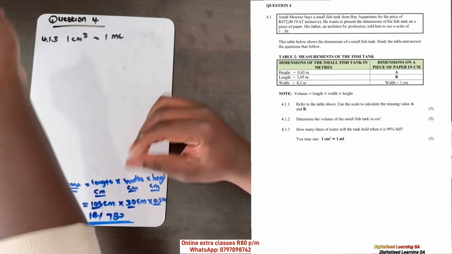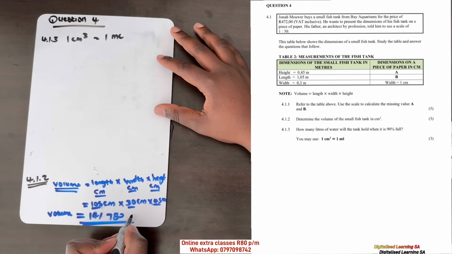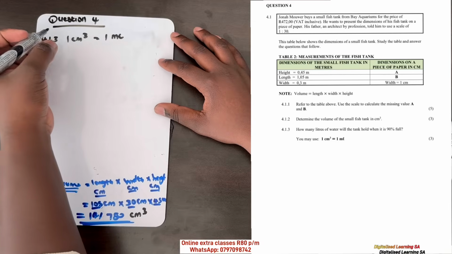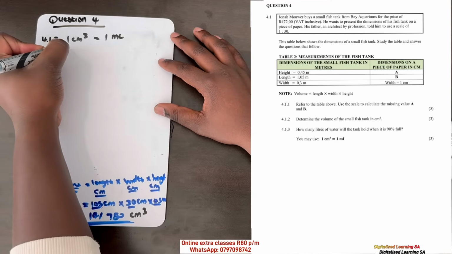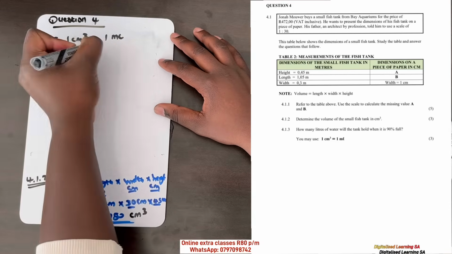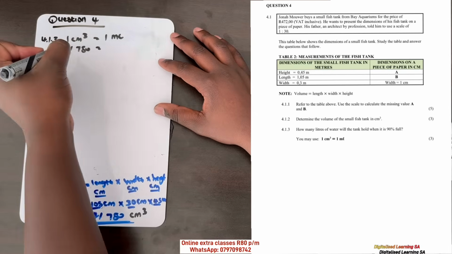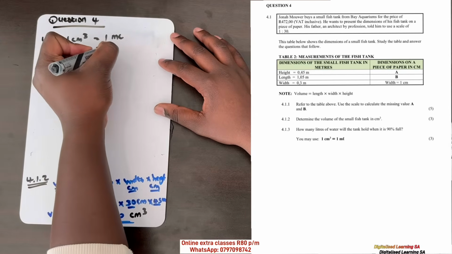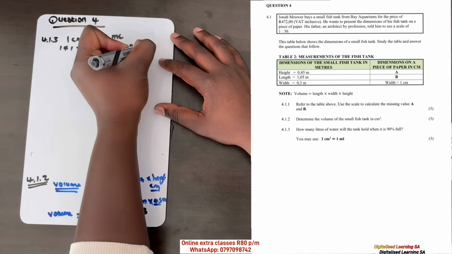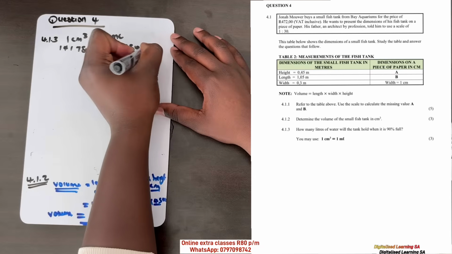So what does this mean? Remember, our volume was given in centimeters cubed. So this means that 141,750 is equal to 141,750 milliliters.